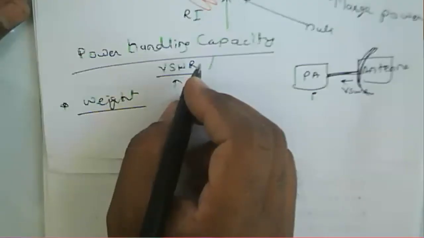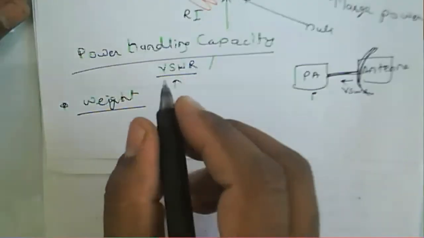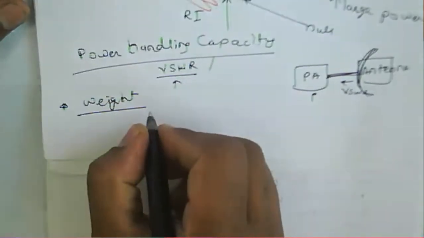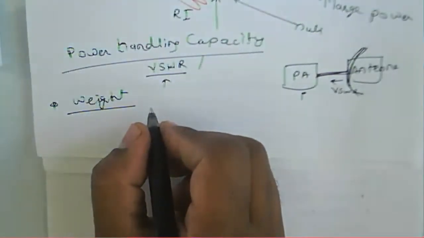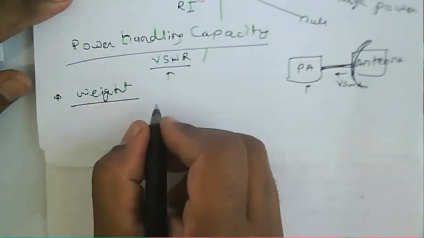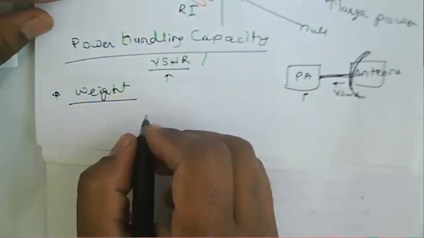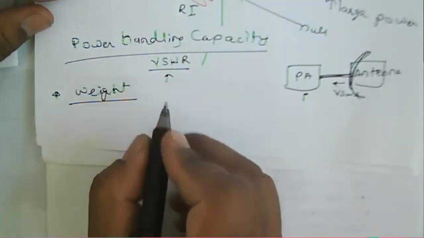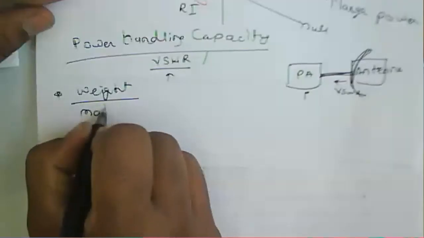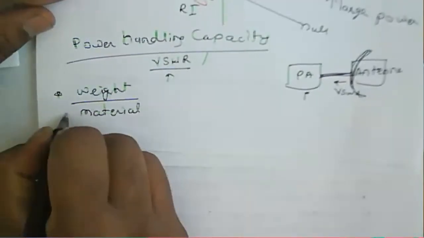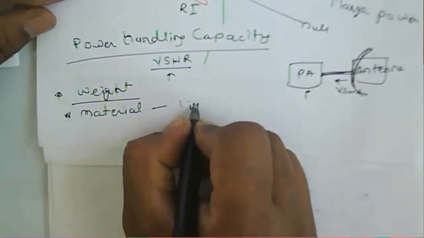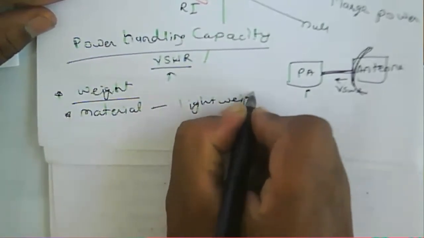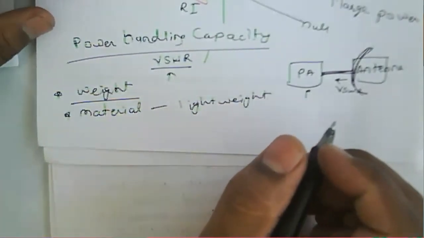So we consider that the weight is to be minimized so that the launching cost of the satellite will be minimized there. Then the material to be used in a satellite has to be a lightweight material.